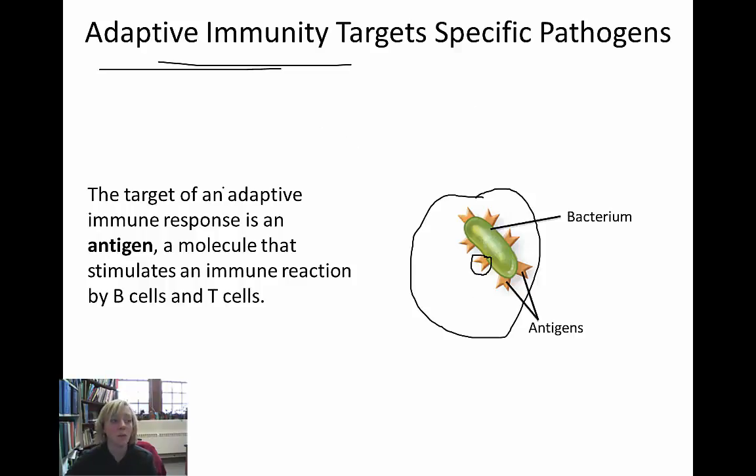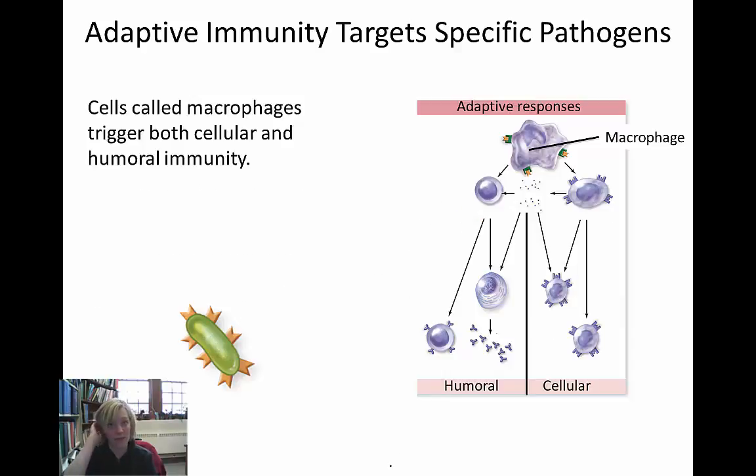What we talked about on Tuesday specifically was that with this adaptive immune response, it's really these antigens that your immune system reads, and that's what stimulates the response to develop this B cell and T cell army. This whole process really starts off with a macrophage up here at the top.